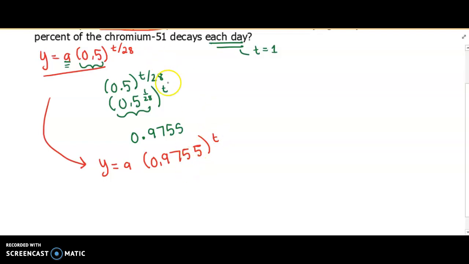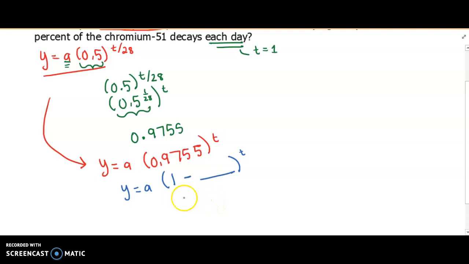Now I want to get the rate at which it decays, so I want to write that in the form a times 1 minus a number to the t, since this is less than 1. This would be my rate.